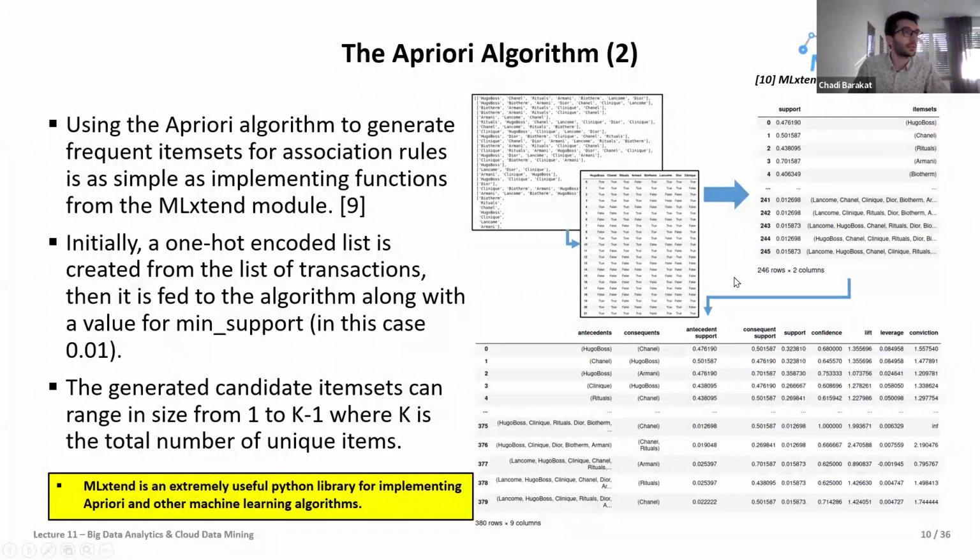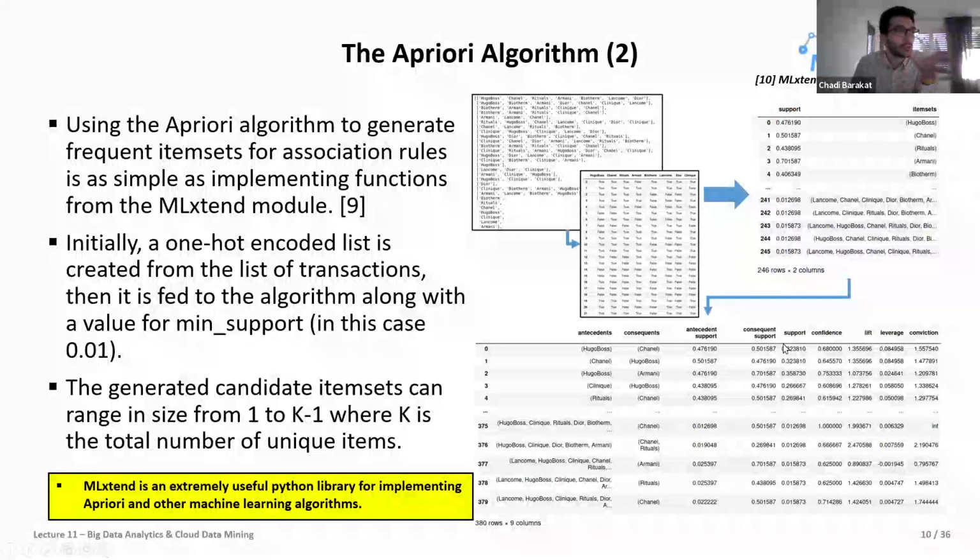Based on that, the association rules are generated, and again, another support value is set for these association rules so that they can be weeded out, also the ones that don't make sense, the ones that don't have enough confidence or support, as you can see here.